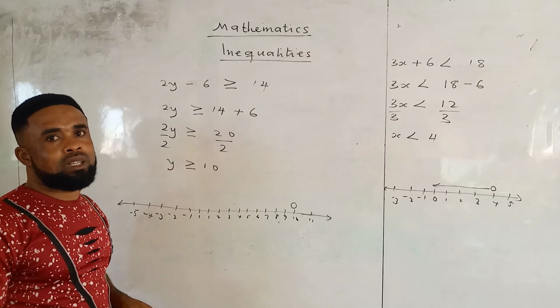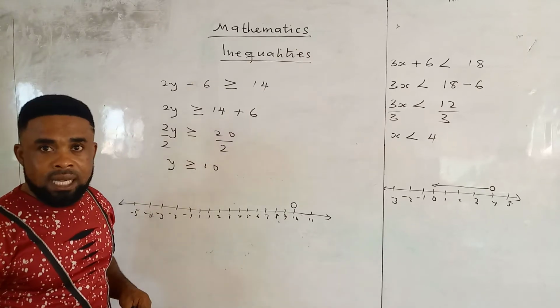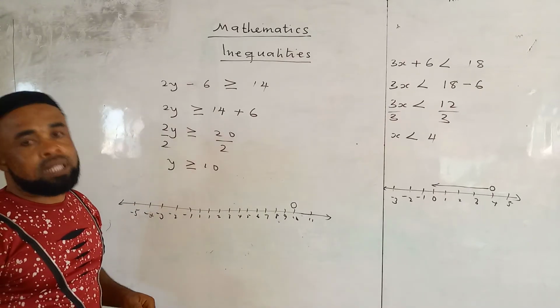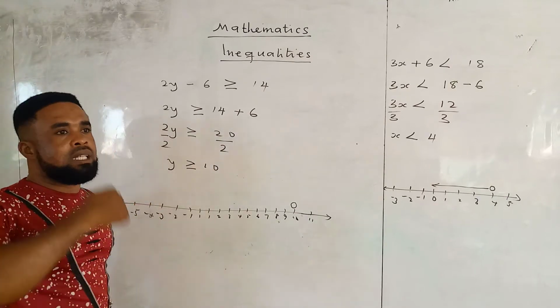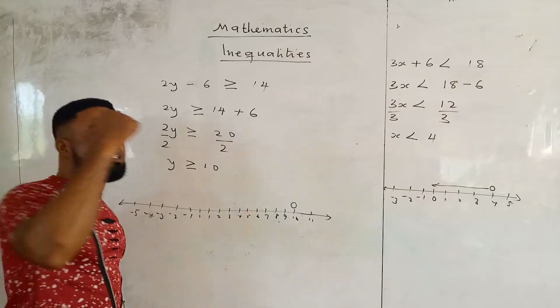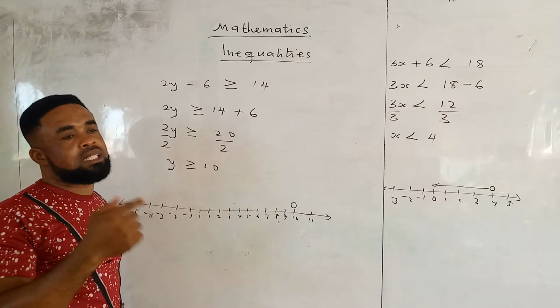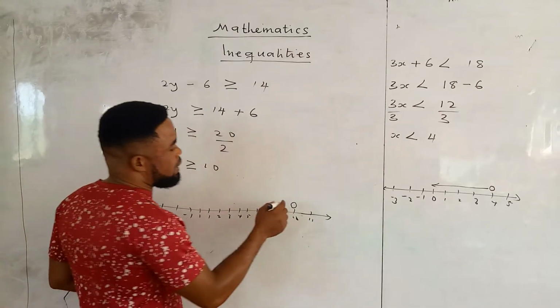There is no number. So it is the 10 itself. So in this case, it means that the 10 is part. It says that y is greater or equal to 10. There is no number which is greater and at the same time equal to 10. It is the 10 itself. So it means that 10 is part.